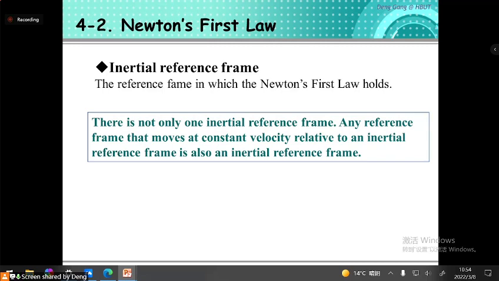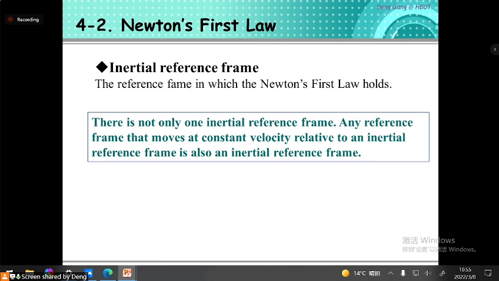There can be several inertial reference frames. Any reference frame that moves at a constant velocity relative to an inertial reference frame is also an inertial reference frame. So that's why if we treat the Earth as an inertial reference frame, the desk at rest on the surface of the Earth is also an inertial reference frame.